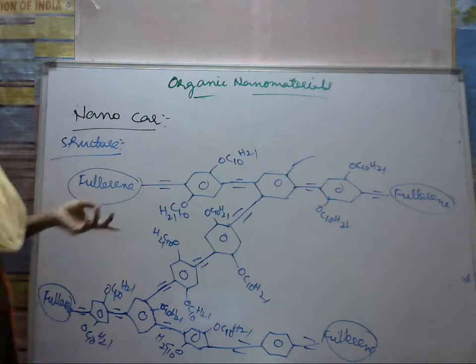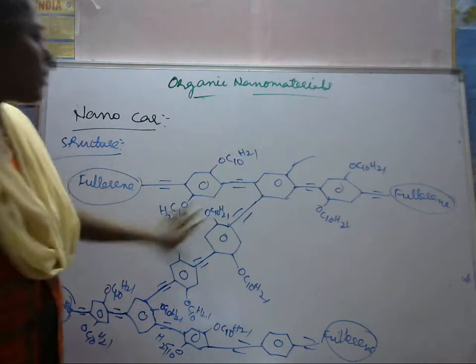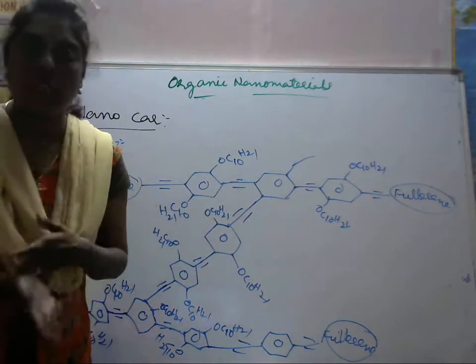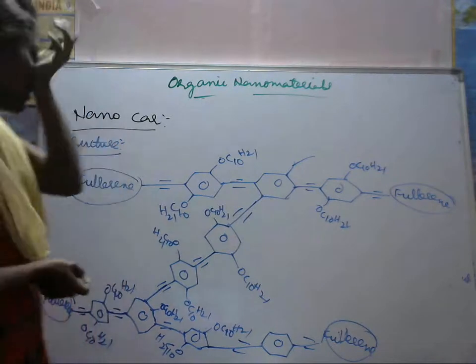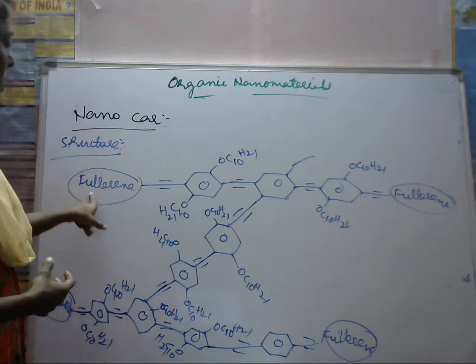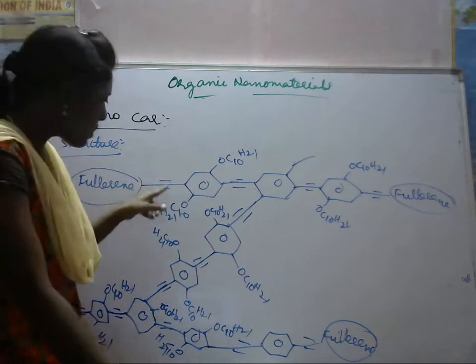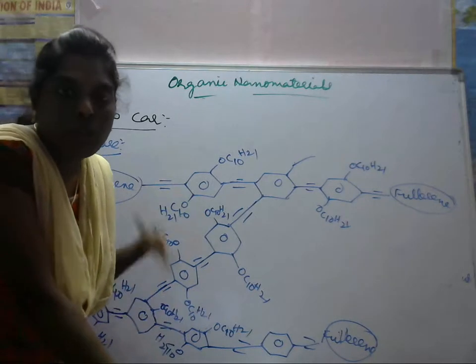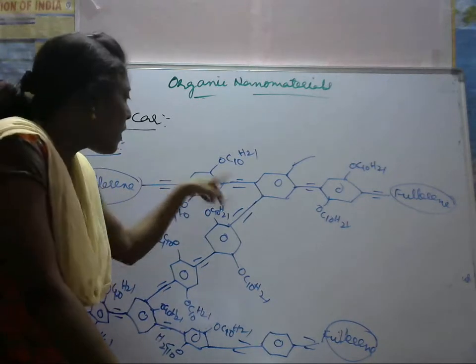If they give this in your exam, you have to write this structure and just write some sentences, and you will get full marks. So fullerene is attached to an alkyne moiety, and the alkyne is attached to an aromatic compound.